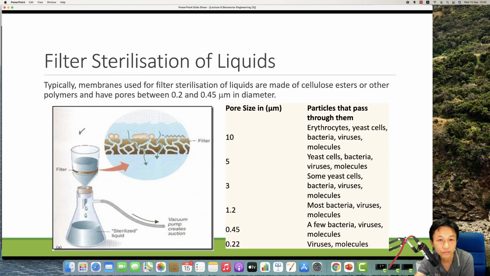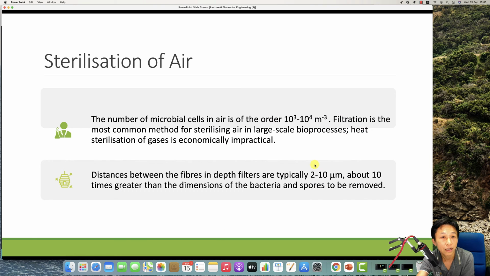small size as well. Okay, this is toxic, and the number of bacteria in the air is on the order of 10 to the 3 to 10 to the 4 per cubic meter.